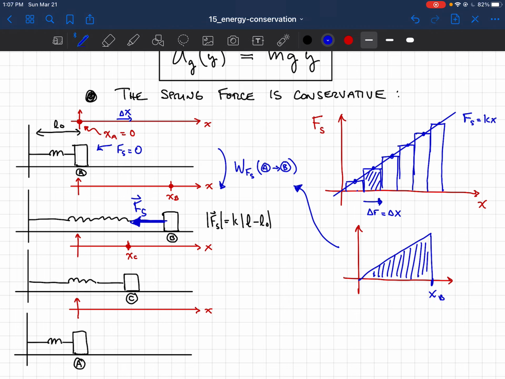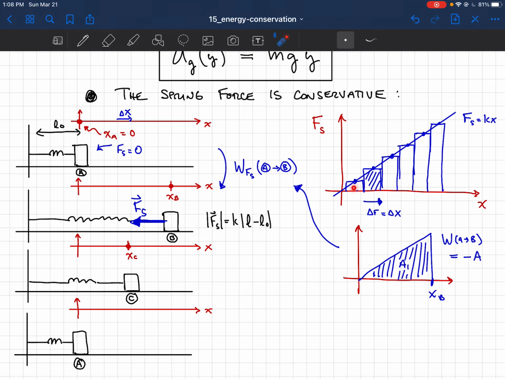So the work from A to B is equal to, well, it's actually minus the area that's shown here. So let's call this A1. And it's minus because the force is pointing backwards, so the displacement points in the opposite direction of the force.